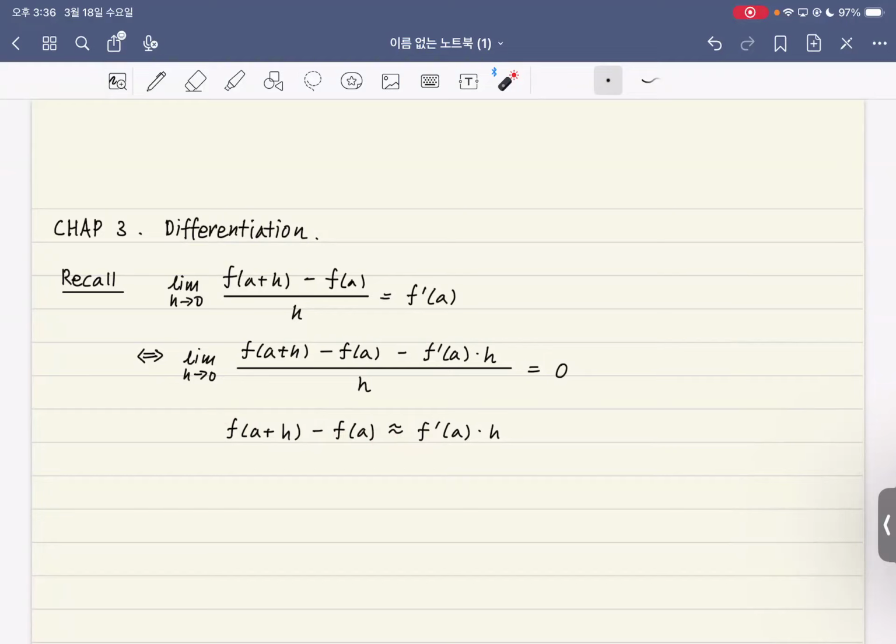This is the nonlinear expression, and the other side of the equation is a linear function of h, right? So this is not necessarily linear, but this is a linear function.